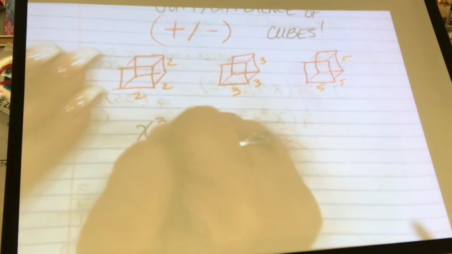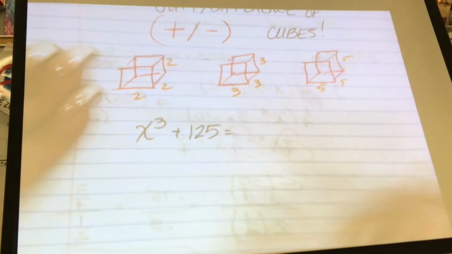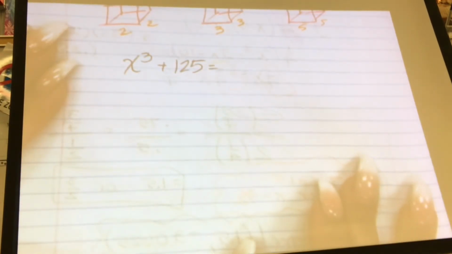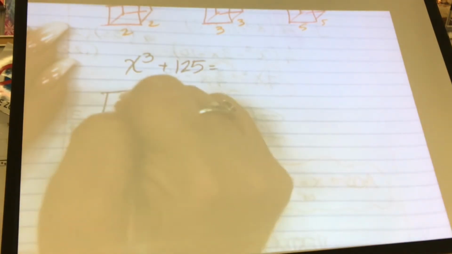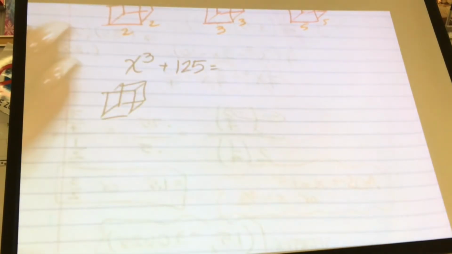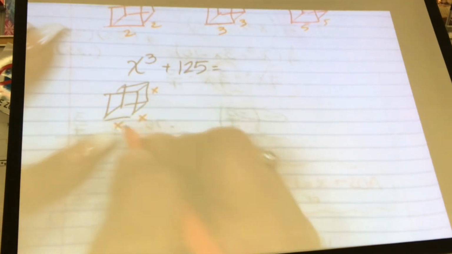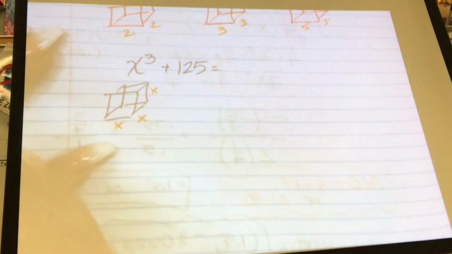So example 1, let's say I want to do x cubed plus 125, and I want to factor that. Well, this cube, what are the side lengths of this cube right here? It would be x times x times x, because isn't x times x times x x cubed?